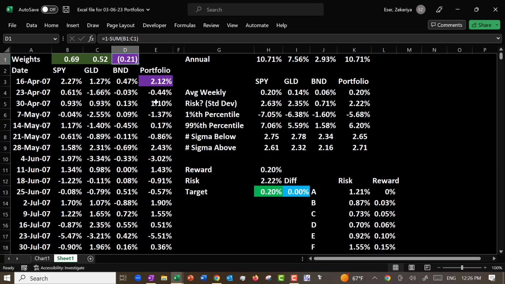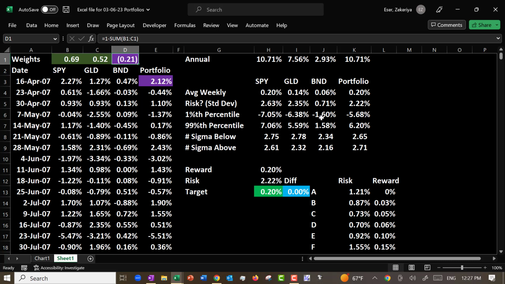And you can check for yourself that the same thing is going to happen for the gold ETF and bond ETF as well. And for the bond ETF, it's not even a discussion. Let me see. Yeah, something like that. Anyway, you can figure that out.